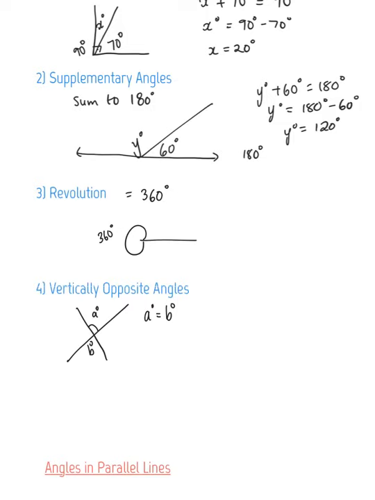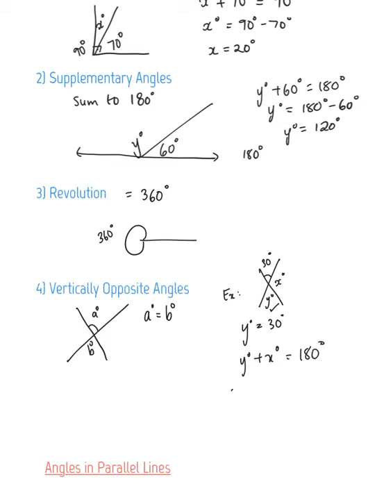Let's have a look at an example over here. I have 30 degrees and then X degrees, Y degrees. First of all, I have a cross. So therefore, Y degrees equals 30 degrees. So I found my Y. Now to find my X, there's a straight line. So I could say that Y degrees plus X degrees gives me 180 degrees.